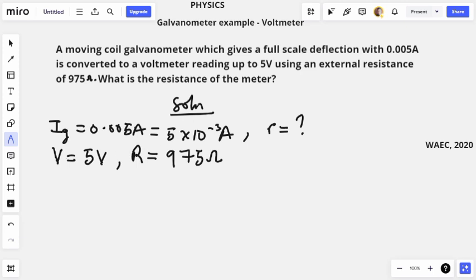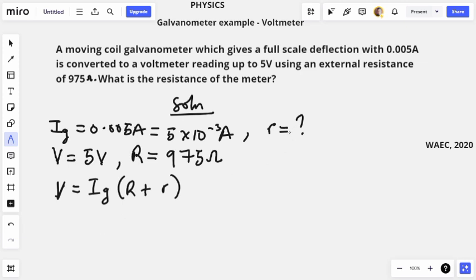From the video where we explained how to convert a galvanometer to a voltmeter, we arrived at this formula: V, the voltmeter reading, equals the galvanometer current times the bracket of capital R plus small r.